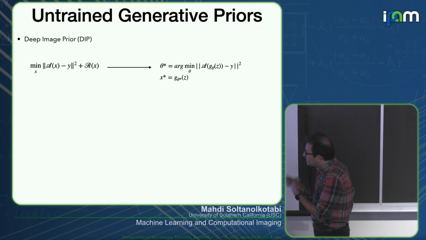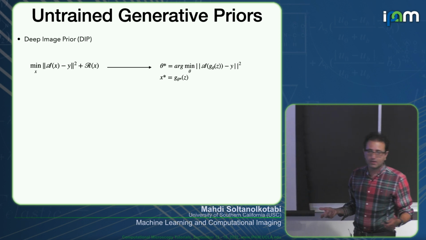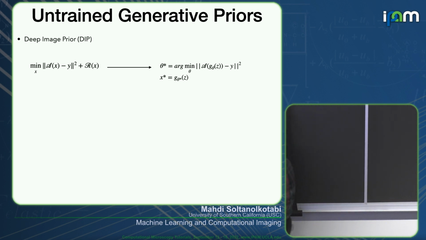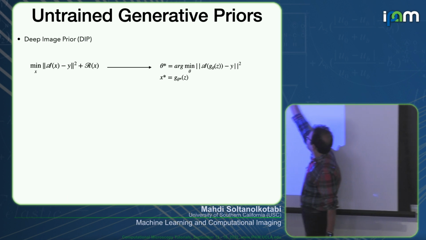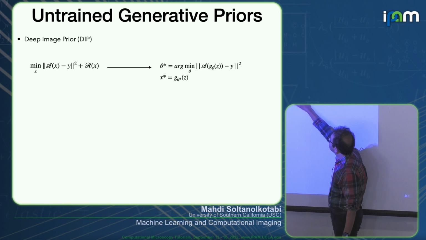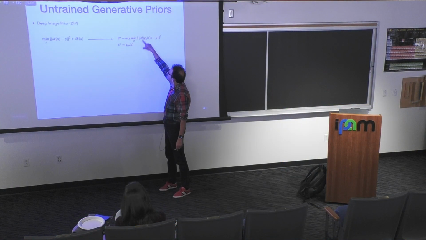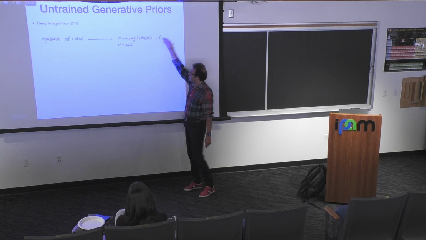You can even use this kind of pipeline in an inverse problem. You could say, I just have a network, I input Gaussian noise, and I try to play around with the parameters to fit my measurements. Sometimes you stop early.